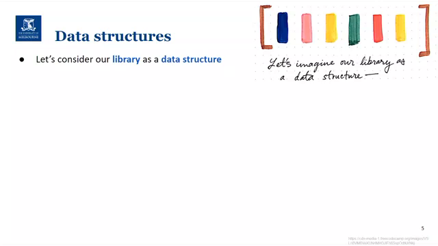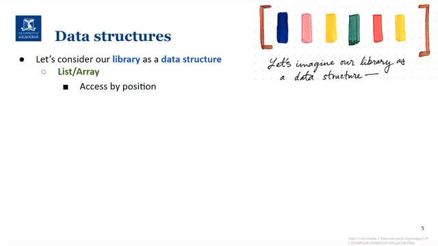So let's consider our library, our collection of books, as our data structure. The first thing we need to think about is which data structure to use that will help us access information quickly. Let's start with a simple one, a list or an array. If you think of an array, you access it by position. You want the first element, or the last element, or the kth element of a list.